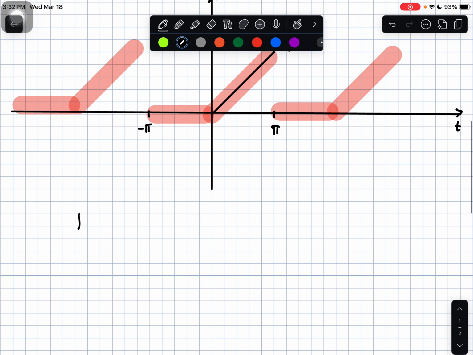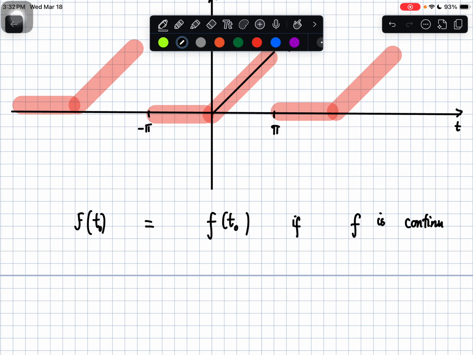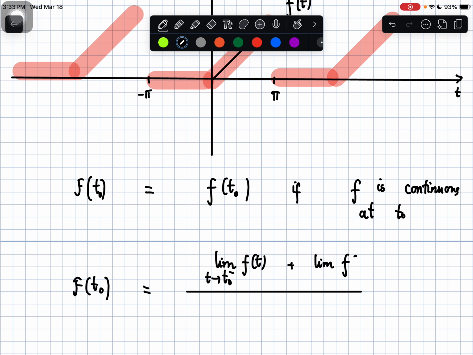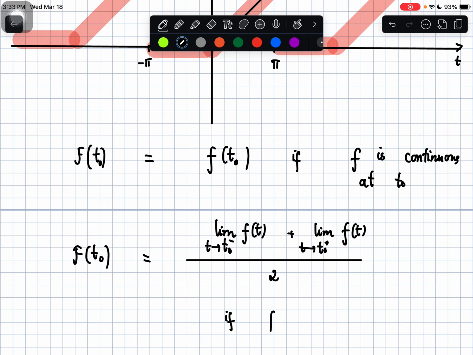So the Fourier series of f, big F(t0), equals small f(t0) if small f is continuous at t0, and the Fourier series big F at t0 equals the average of the limits, that is, the limit of f(t) as t tends to t0 from the left plus the limit of f(t) as t tends to t0 from the right, over 2, if f is discontinuous at t0.